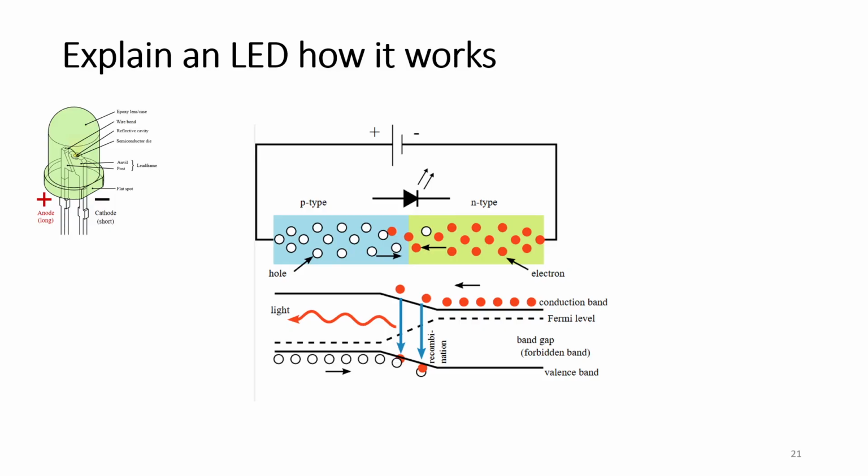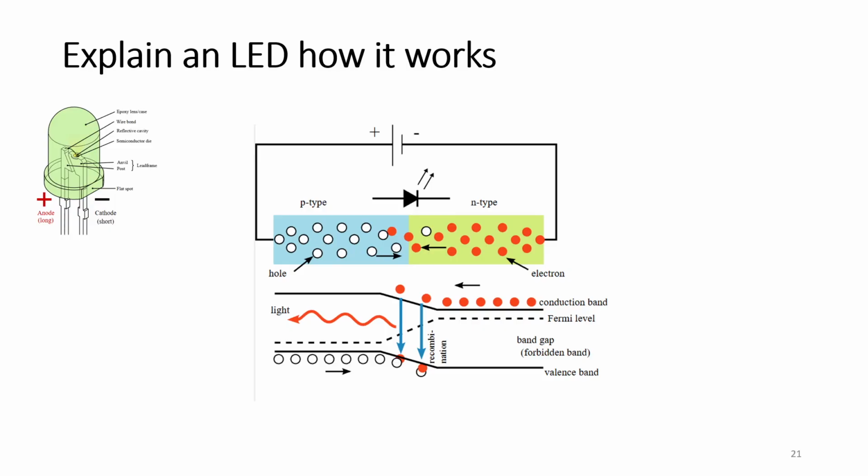A larger band gap produces high energy photons, blue or ultraviolet light, while a smaller band gap produces lower energy photons, red or infrared light. Because LEDs use direct band gap materials, most of the energy released during recombination is emitted as light rather than being lost as heat.